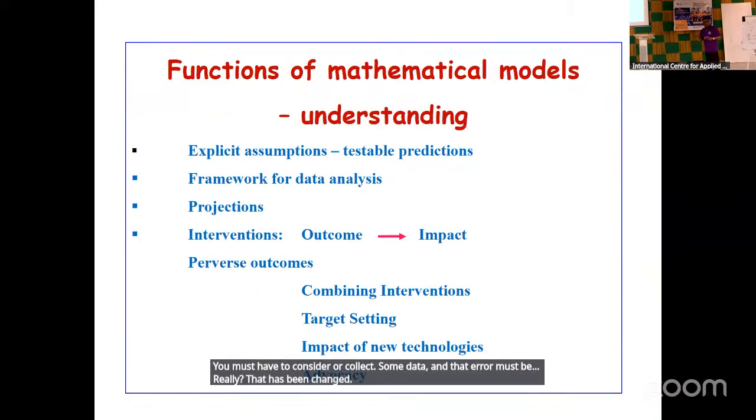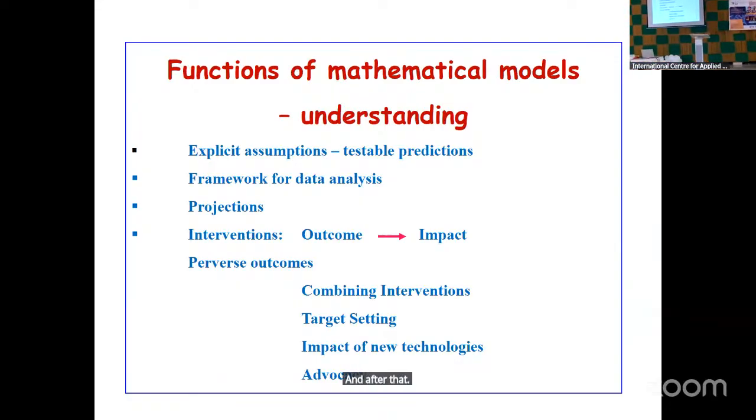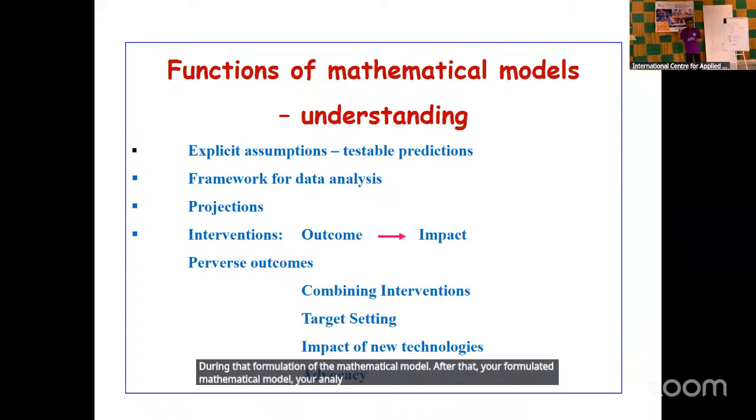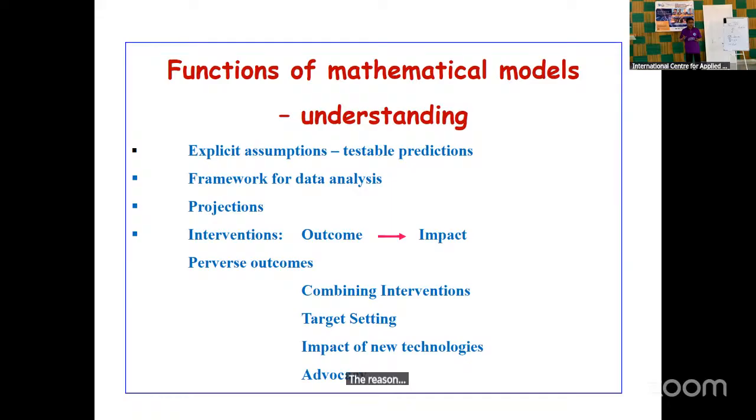And after that, during the formation of the mathematical model, your formulated mathematical model, your analytical results, your model validation considering all data, and also the result which you are getting after all this is done, then you just have to project it. That means the intervention should obviously be revealed or focused in the society.